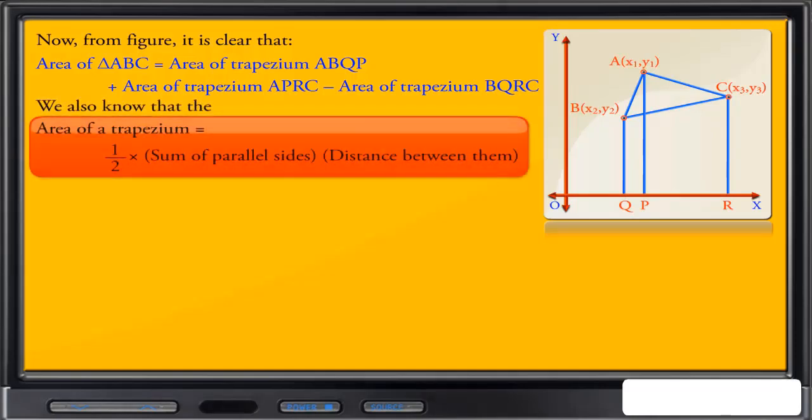We also know that the area of a trapezium is equal to 1/2 into the sum of parallel sides into the distance between them.